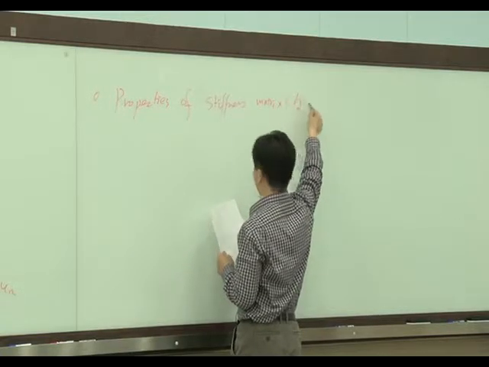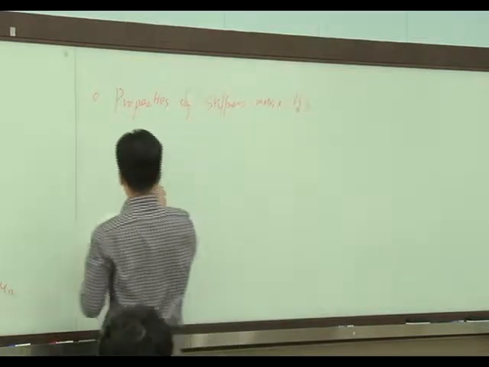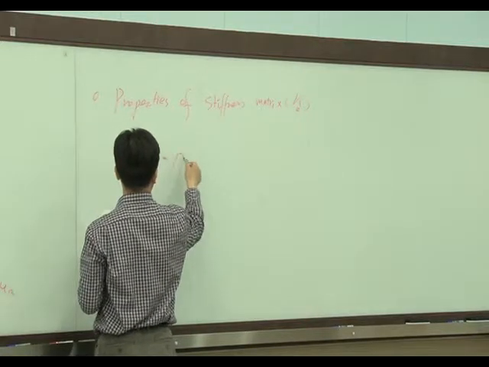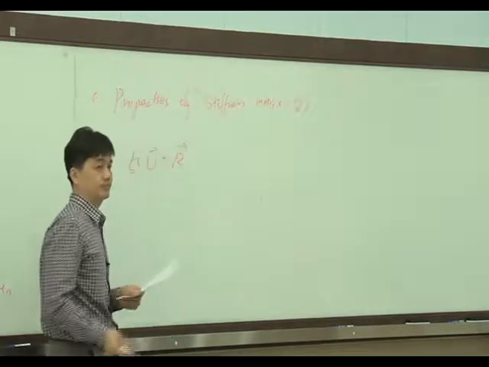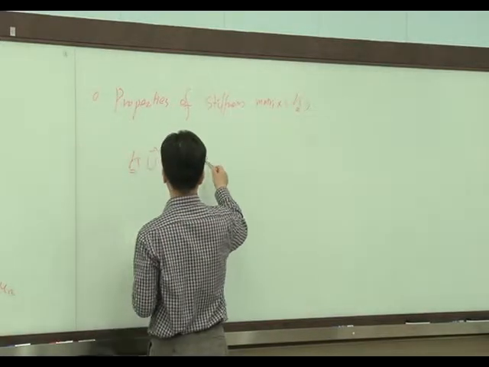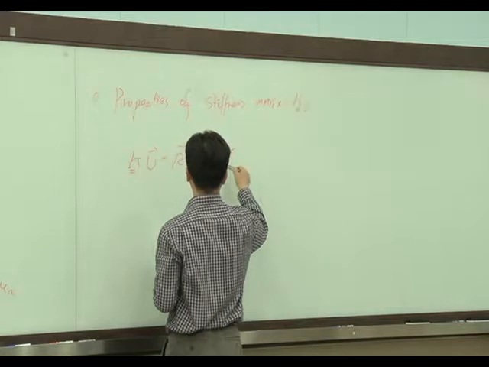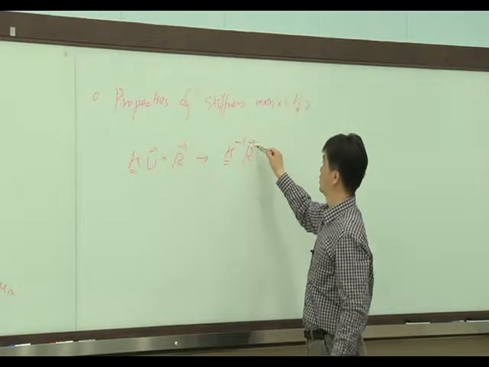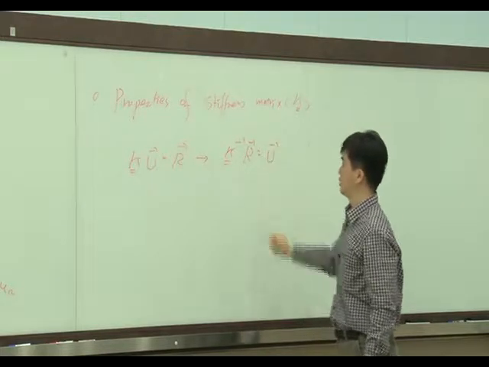Okay. So KU equals R, right? Or we can write K inverse R equals U, right?